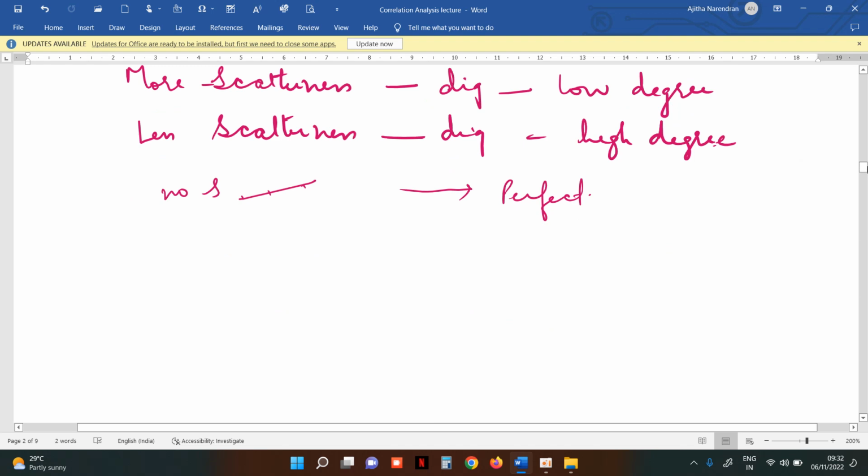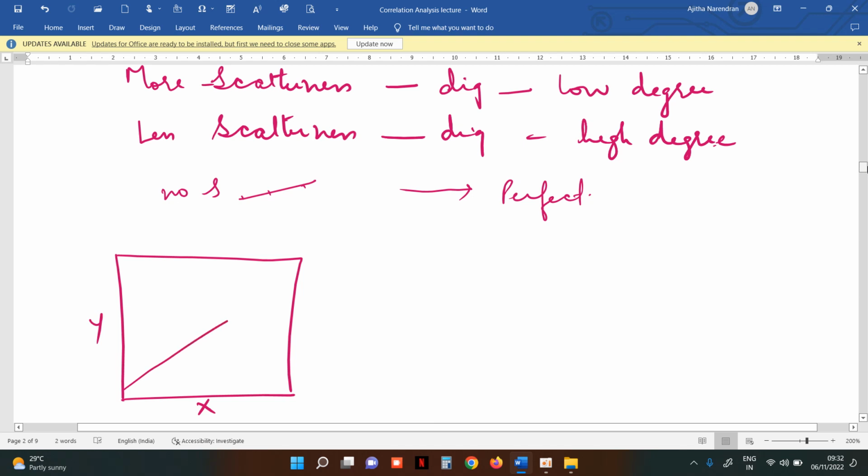Let us see what we mean by the scatter diagram method. For example, the first diagram I am drawing here, let it be x and y. This is your straight line, and the values are falling on it. Since I am drawing this, this is my left hand side and this is my right hand side.